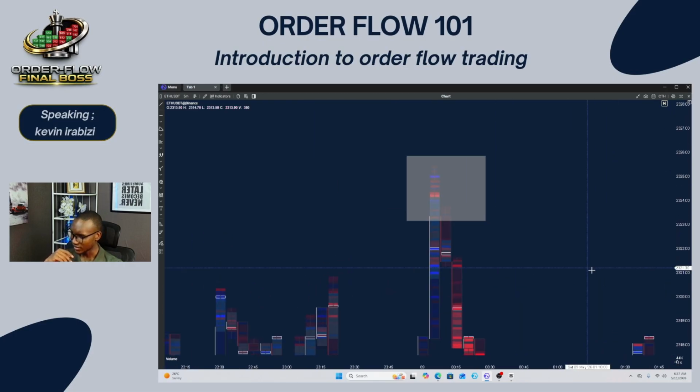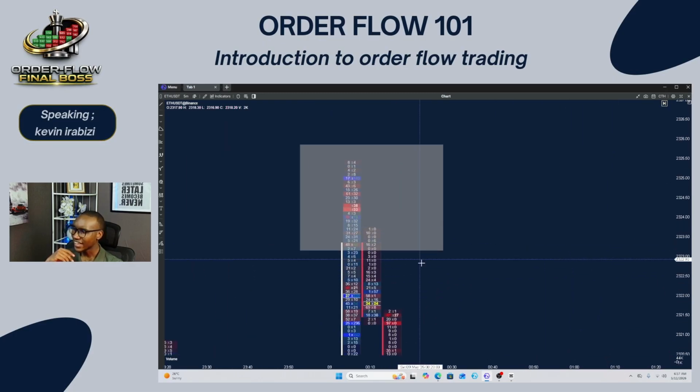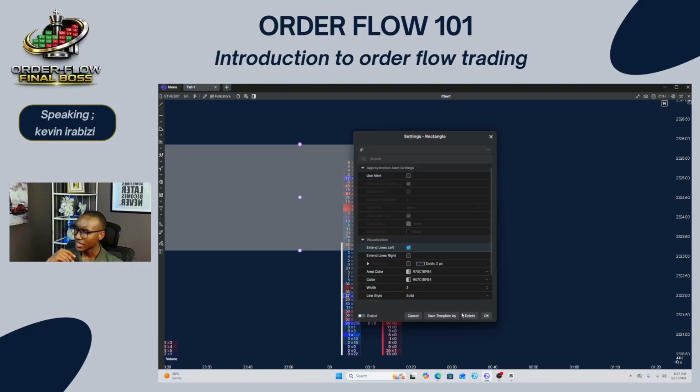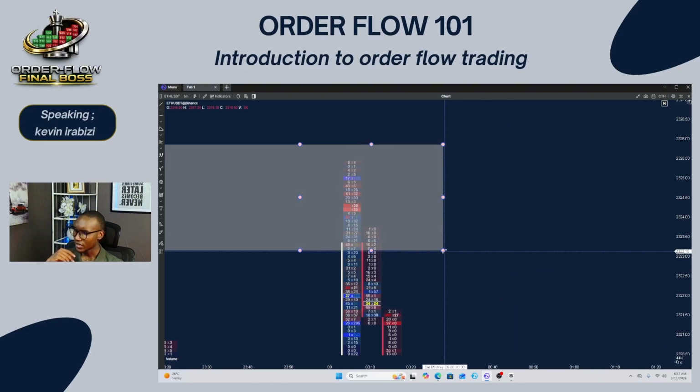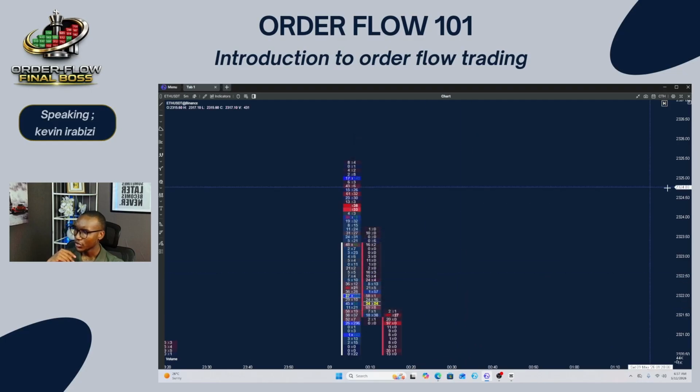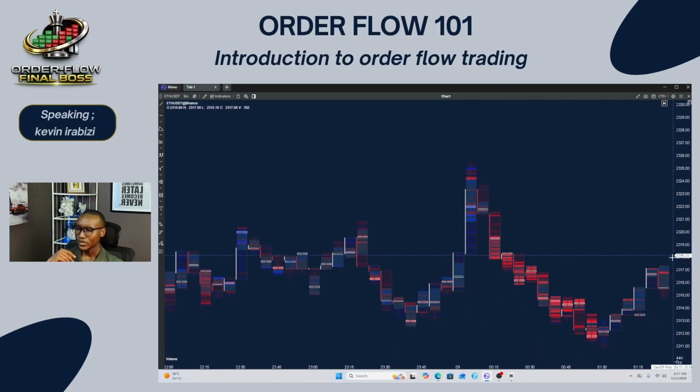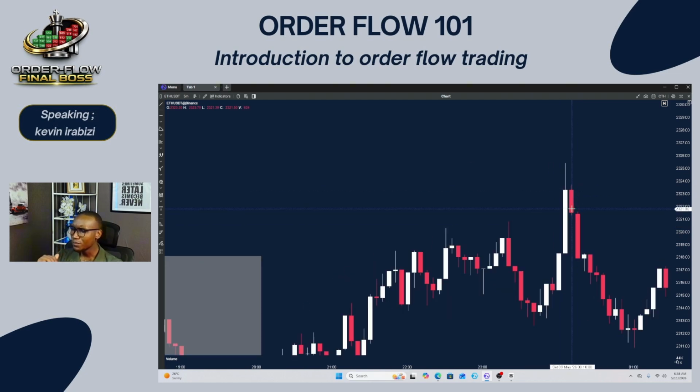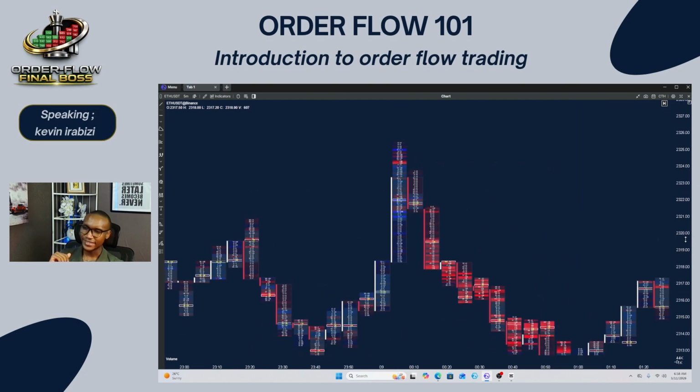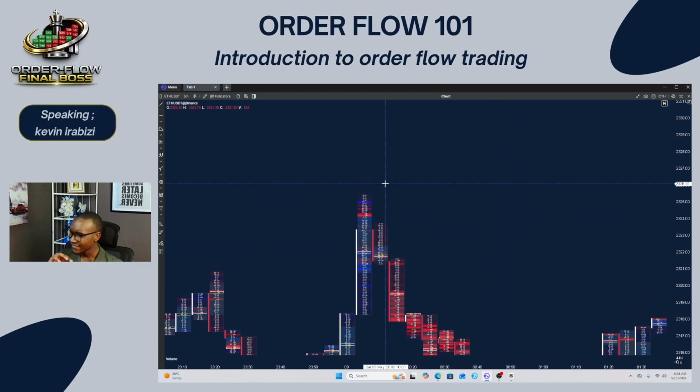When price gets to that area, we see in the candlestick we have huge bright clusters. So this could be a verified sweep, and I could put my stop loss above it. Why?